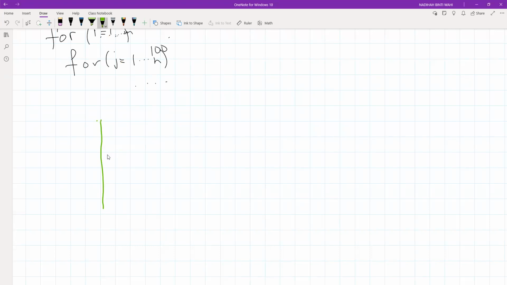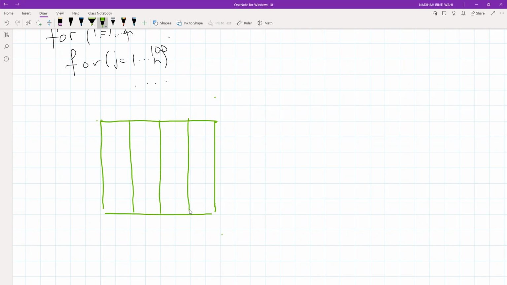Mungkin saya boleh guna pembaris. Okay, kalau saya ada rectangles, and then I divide into same area, almost the same.